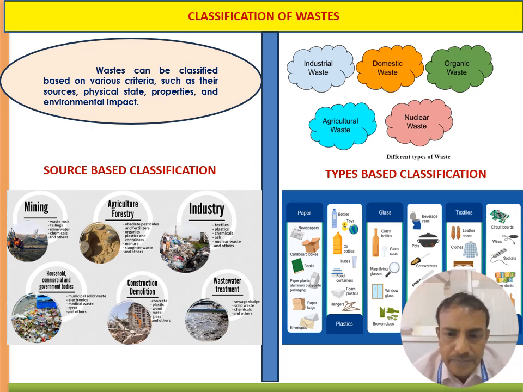And wastewater treatment produces residue of wastewater. So this belongs to the category of wastewater treatment. And agriculture and forestry. In agriculture, generally, we have waste like vegetable waste, crop waste, and cultivated crop waste, and these are some of the examples for agricultural waste.